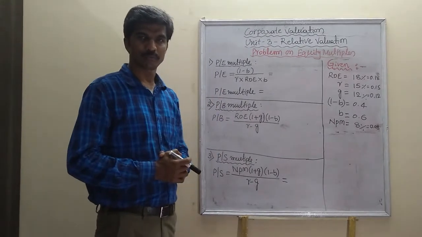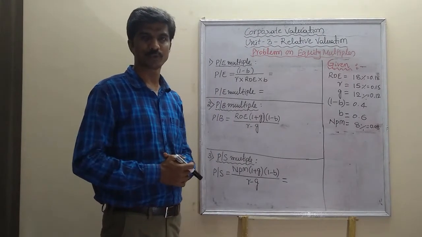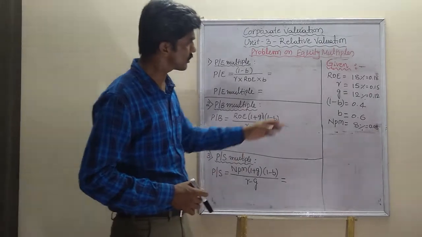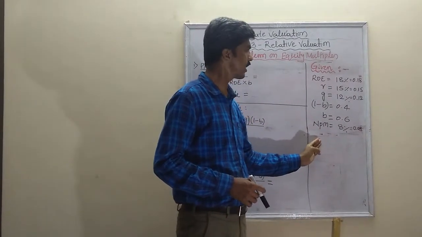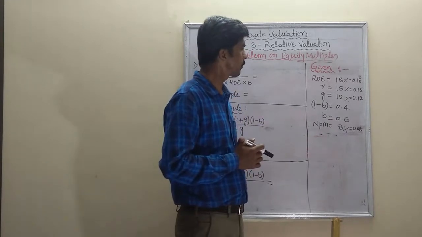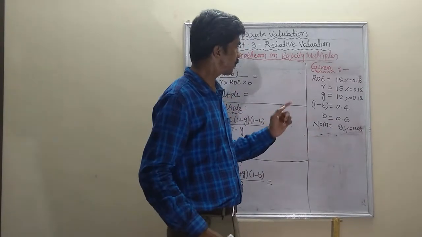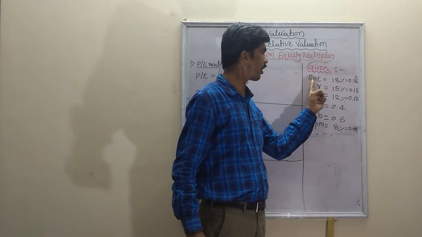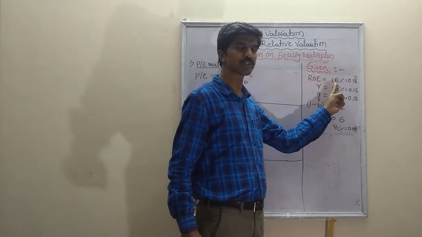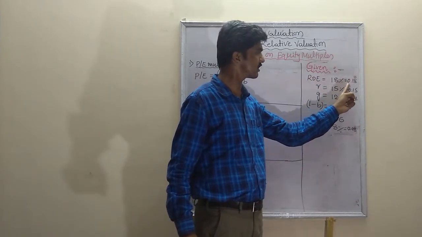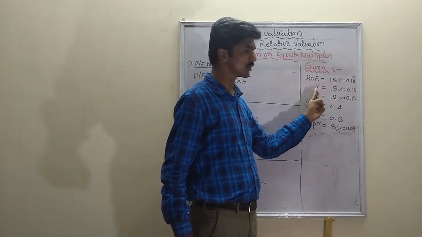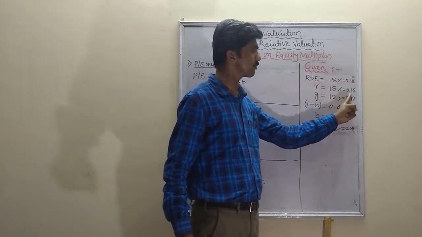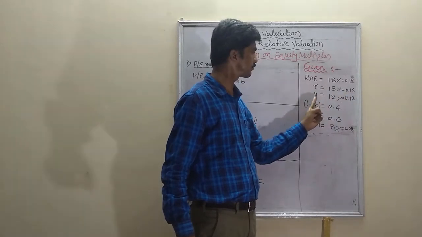From the given problem which I have projected for you, I have taken down the given things over here, which makes your job easy and fast going. From the given problem, we can make out that ROE is given as 18%, which we can represent as 0.18. R, the required return, 15%, can be written as 0.15.